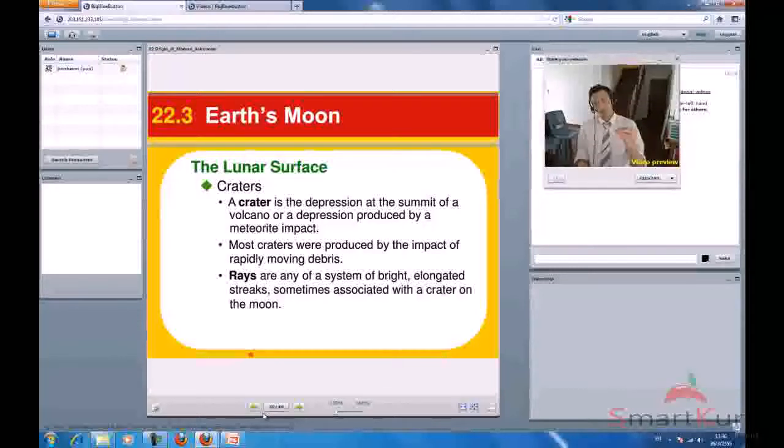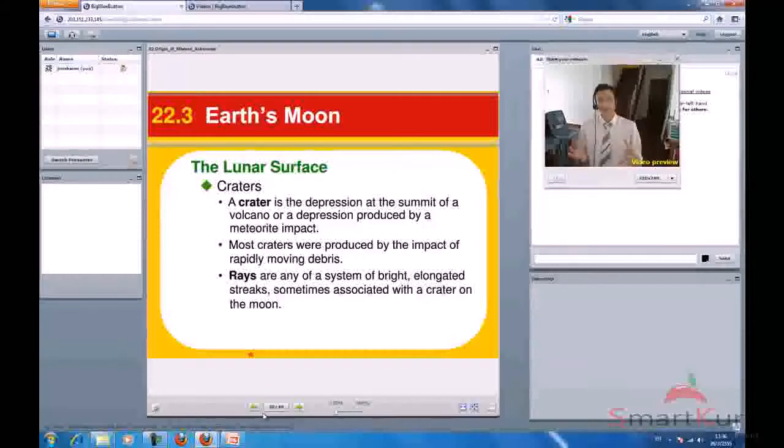All those on slide 40, all those little circles are craters. And probably the easiest one to see is this white circle here called the Copernicus crater, which is in the middle of the Mare Imbrium, or the Sea of Rains. And we're going to talk a little bit about those seas in a little bit.